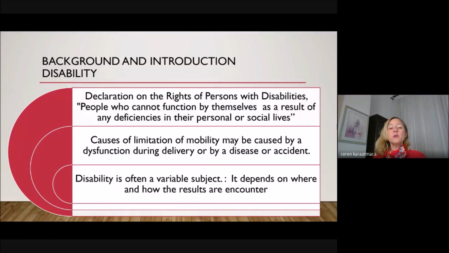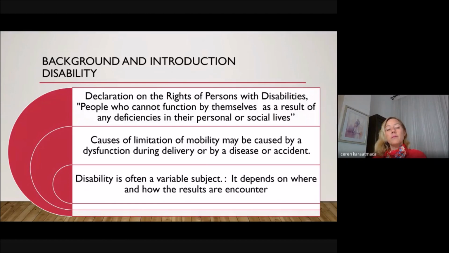And the causes of limitation of mobility may be caused by a dysfunction during the delivery of that person, or it could be caused by a disease or by an accident later in life.